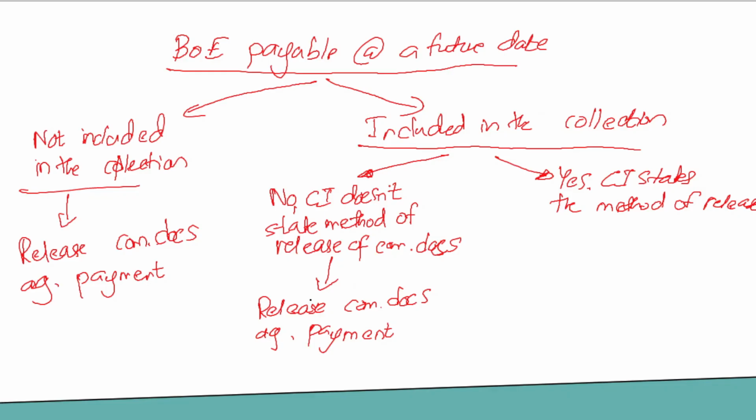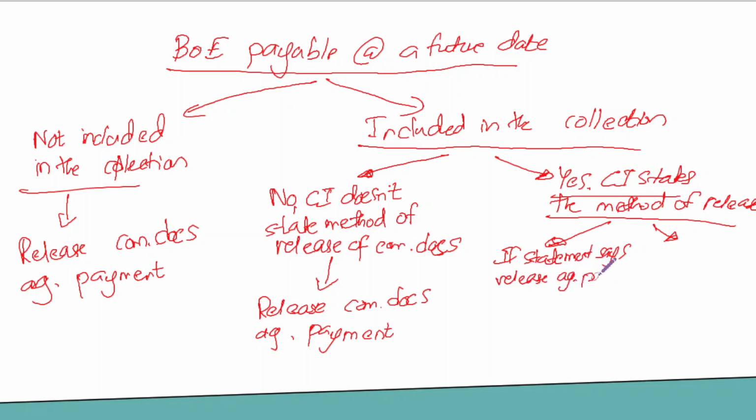So here again, yes, there is a statement on the method of release, but there are two types of methods of release. Remember, if the statement says release against payment.